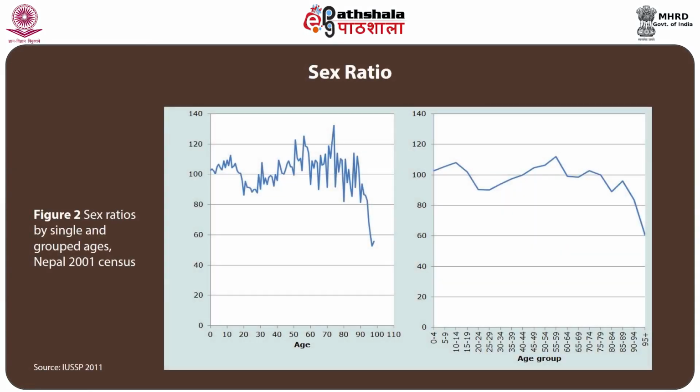Let us now look at the second graph, which gives you an understanding of the population data by sexes in different age groups. Even here we see some interesting patterns in Nepal. Initially, the population of females is lower, as expected, perhaps because the sex ratio is always favorable to males, but later the number of females goes up, and in the subsequent years, perhaps beyond 35 or 40, again the number of females comes down.